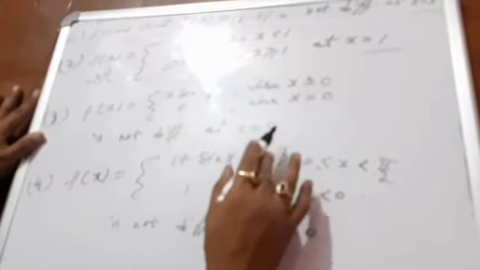Listen carefully, test the differentiability of this function at x equal to 1. Next, show that this function is not differentiable at x equal to 0. And for this portion, show that this function is not differentiable at x equal to 0.